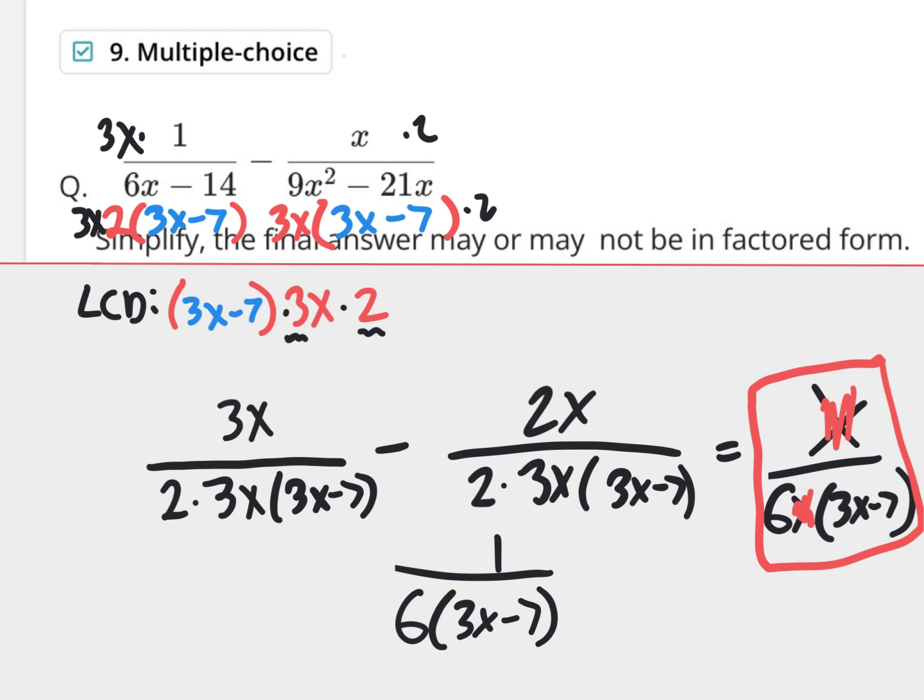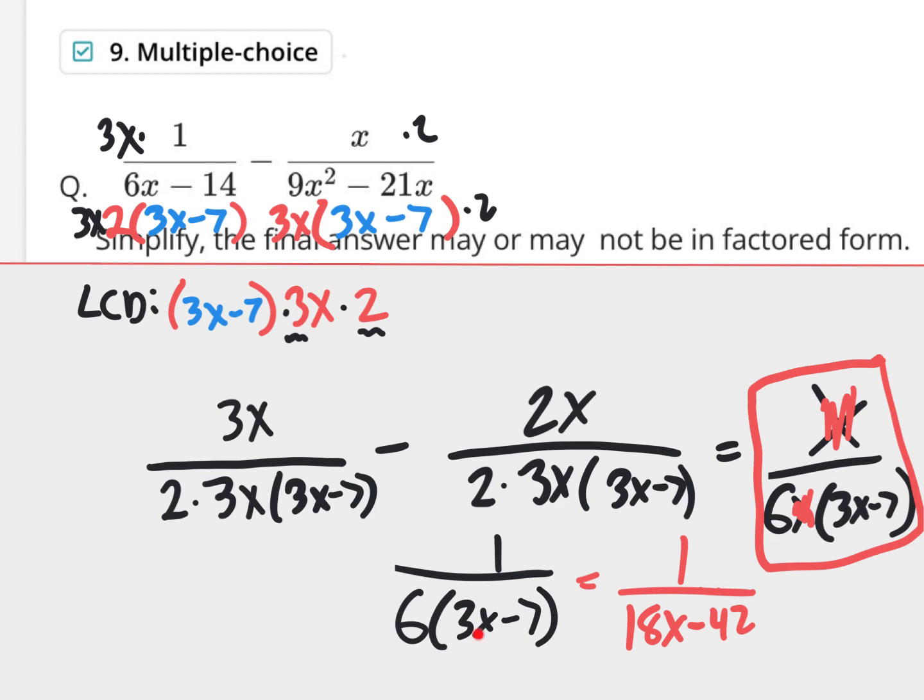Now if there's nothing left on the bottom, you could put the 1 on the bottom, but anything over 1 is the same thing, so it's not necessary. But if everything cancels out up on top, you have to put a 1. And on the instructions it says it may or may not be in factored form. In other words, this is factored form. Maybe your answer is going to be 1 over 18x minus 42. Maybe they actually distributed, they didn't leave it in factored form.